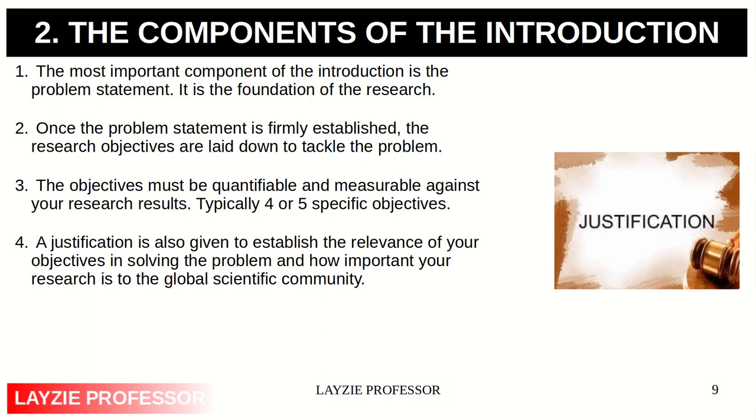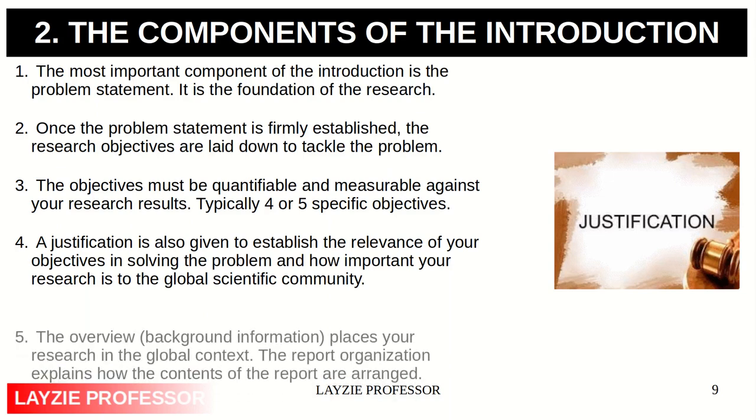And once you are able to resolve this problem, how important is your solution to the global scientific community? All these things you describe under the justification and the research relevance.